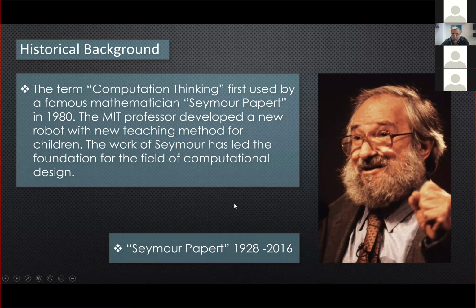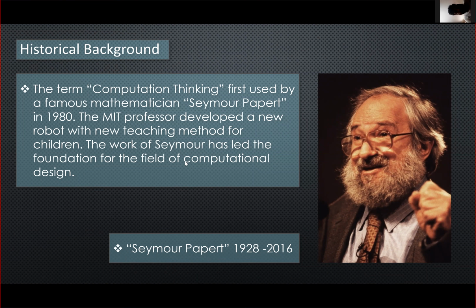He started the whole idea when he tried to make a small robot with a very basic ability to think, and he programmed the computer to allow the machine to think: simplify a bigger problem, abstract it, and introduce it to the machine so it can do the job by itself.